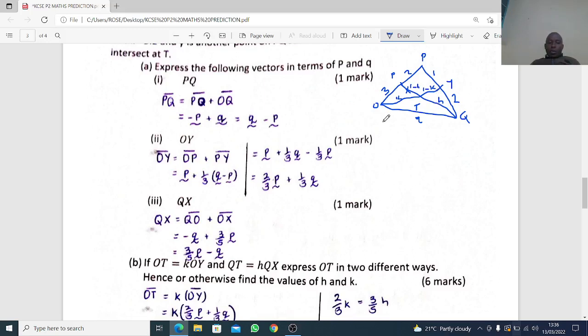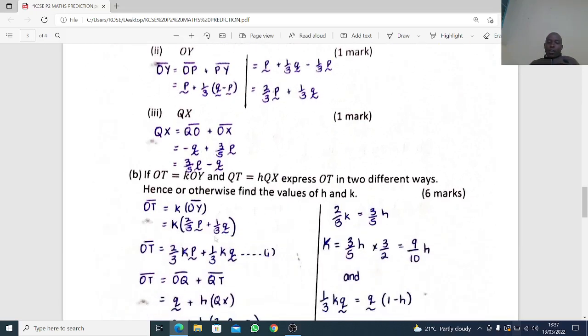Express OT in 2 ways. For us to express O to T in 2 ways, the first way is what we are given: OT equals K OY.